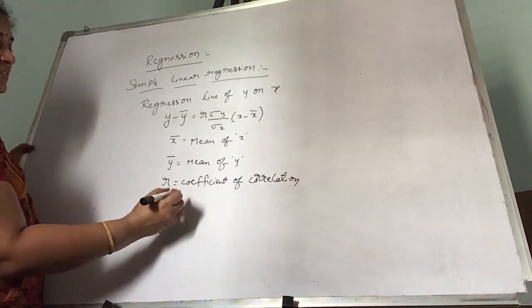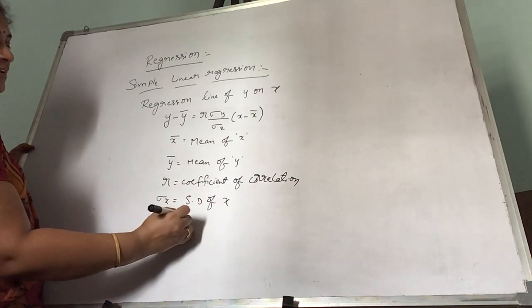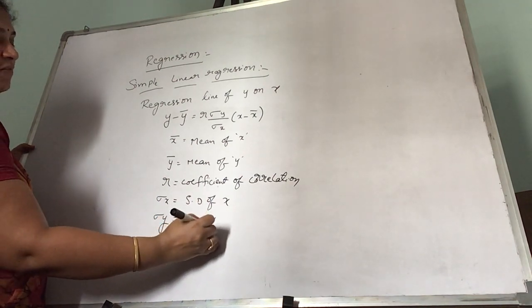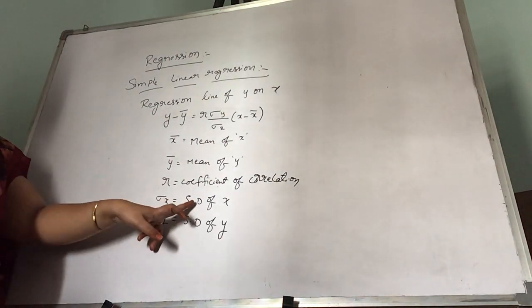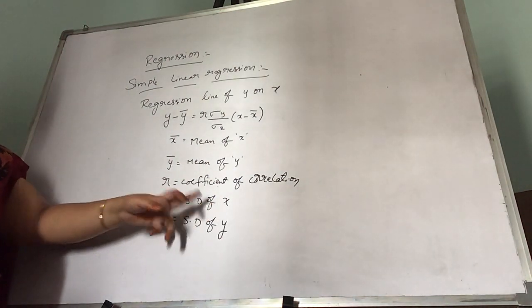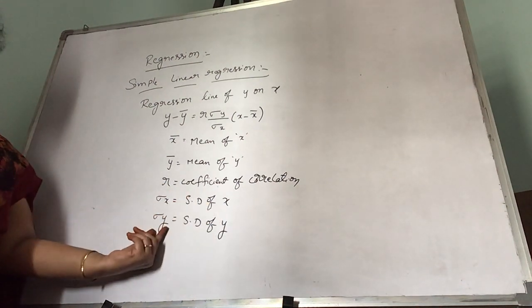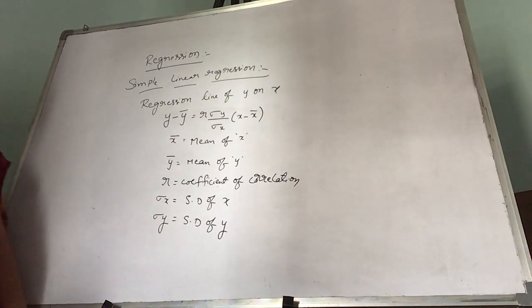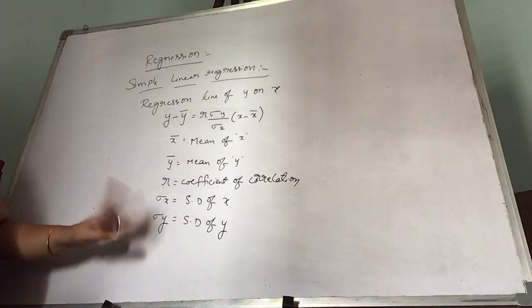Sigma x is the standard deviation of x and sigma y is the standard deviation of y. First we find the variance, after that we find the standard deviation for the x values. We have to calculate all these values: x bar, y bar, r, sigma x, sigma y.